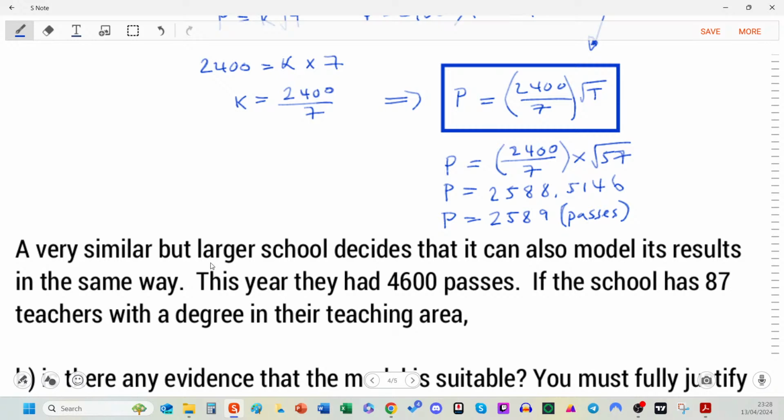So a very similar but larger school decides that it can model its results in the same way. There's a key there. It decides that it can, but we're not 100% sure it can. One of the reasons it can is that it's a very similar school. So when there are similarities, we could say conditions are fairly constant, and therefore maybe it's a good model. This year they had 4,600 passes at this new school.